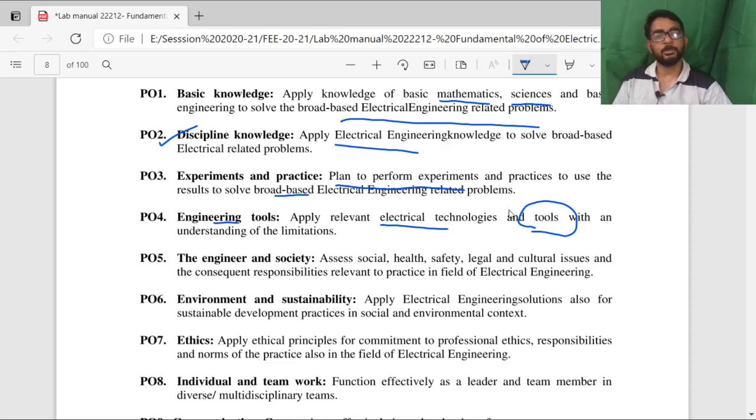Many tools are used for this part, that the student will get to know after completing the practicals. Then engineer and the society.